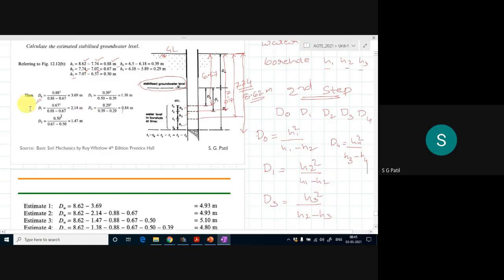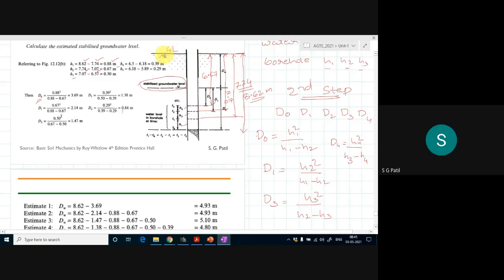Like that you have to calculate all these d0, d1, d2, d3, d4. Once I get these values, these are nothing but the depth of the water table from the imaginary stabilized groundwater level. But I have to find out from the fixed reference line. The fixed reference line here is the ground level.